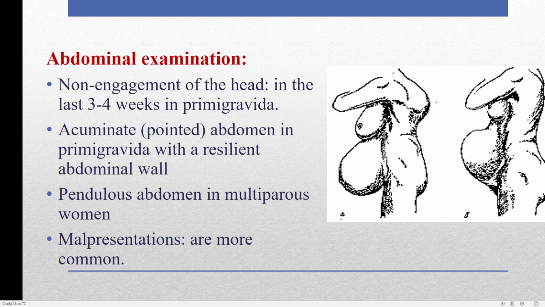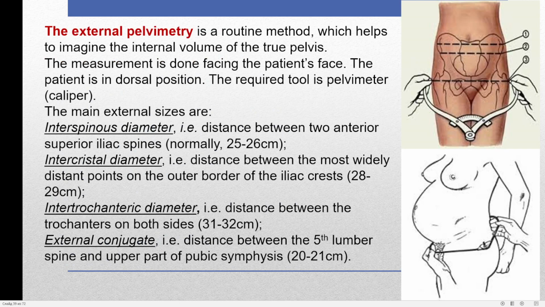Pendulous abdomen in multiparous women, and malpresentations are more common because of absent normal engagement. As you remember, malpresentations are brow, face or vertex presentation. For diagnosis, of course, we use external pelvimetry.